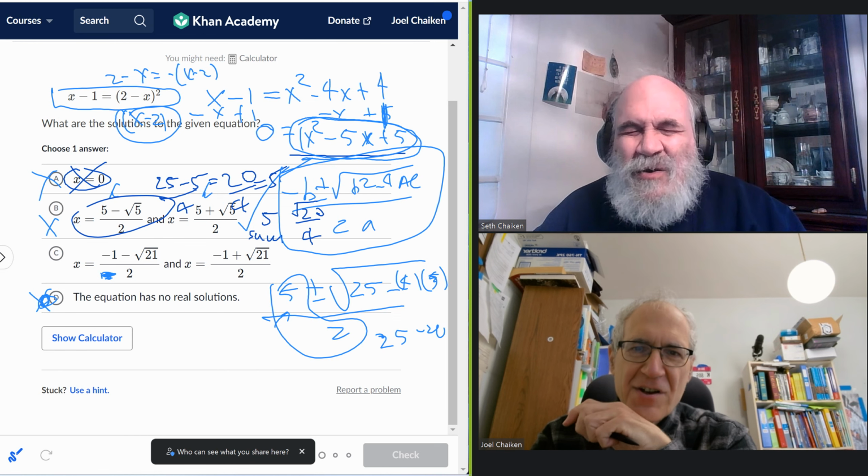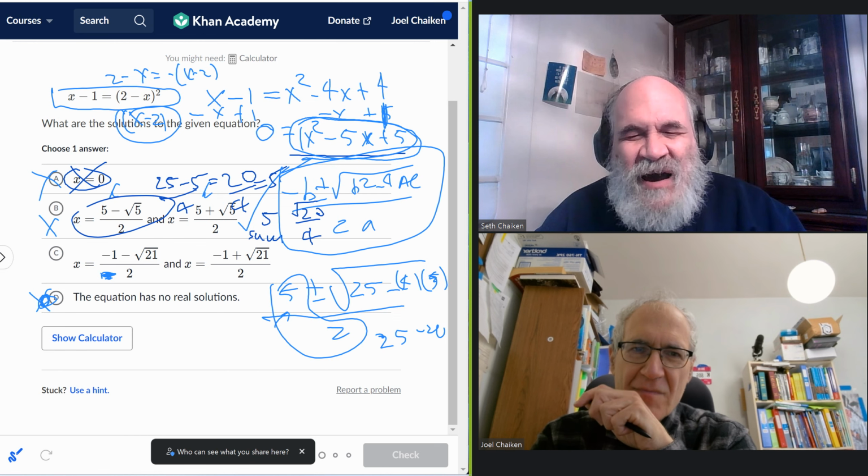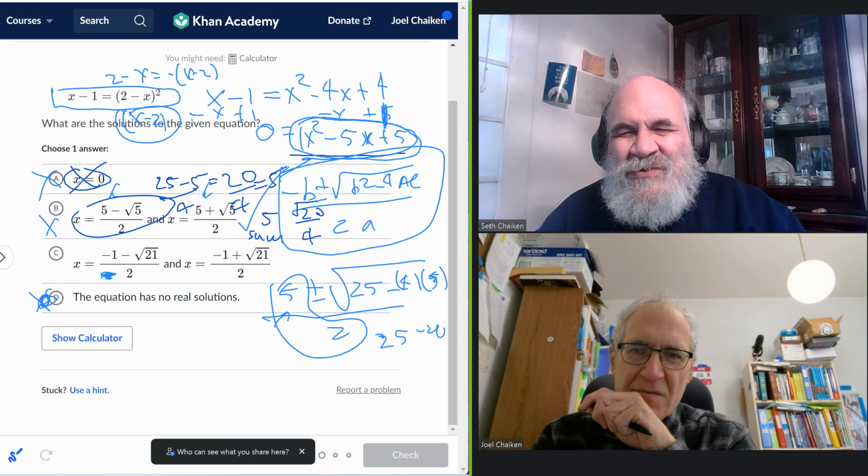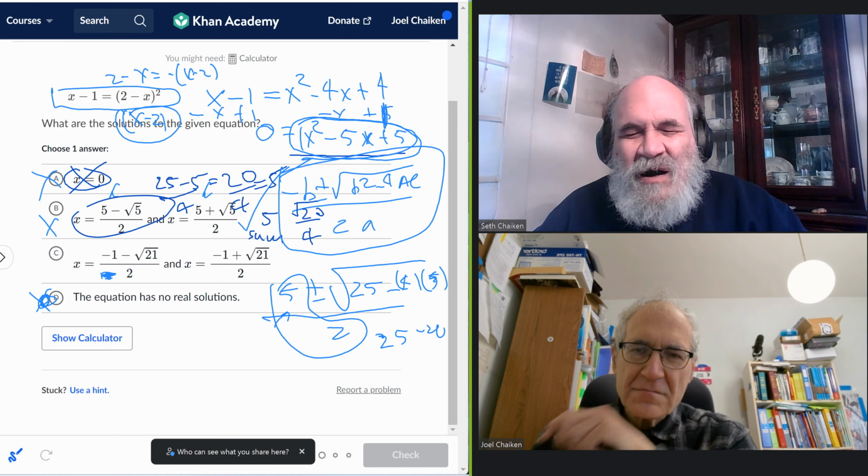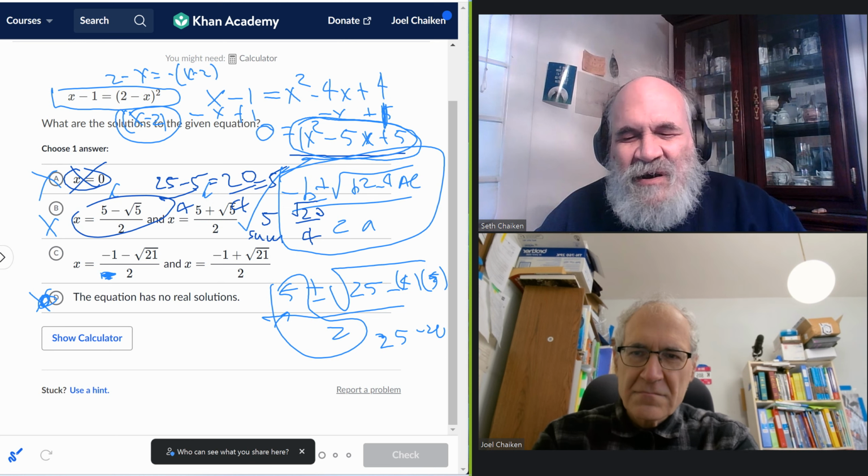It is also a good idea to know that in a quadratic equation, when it's monic, the constant term is the product of the roots, and the sum of the roots is the negative of the coefficient of the linear term.